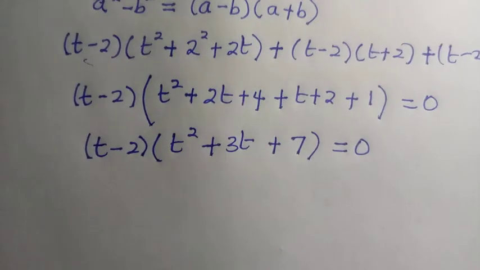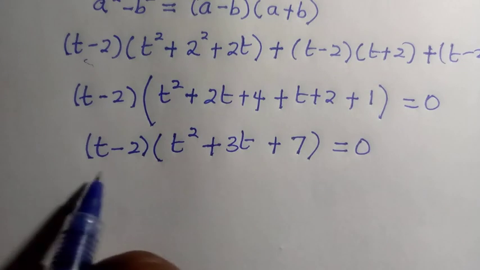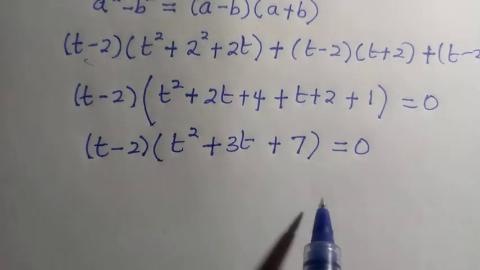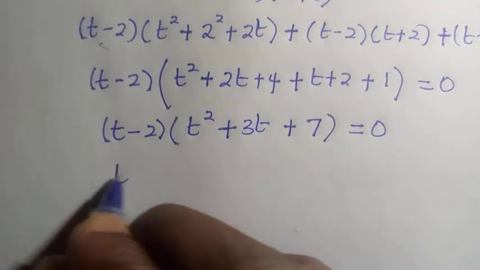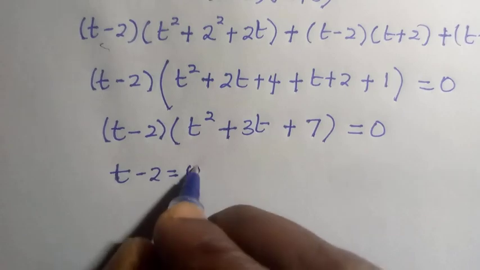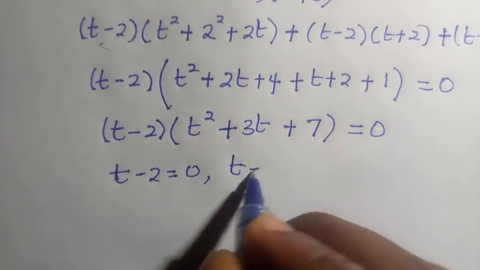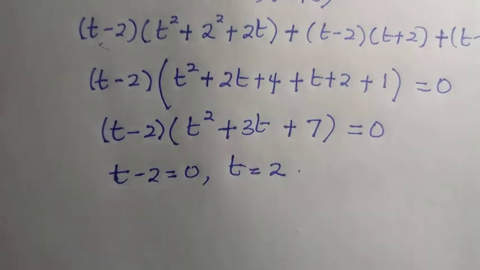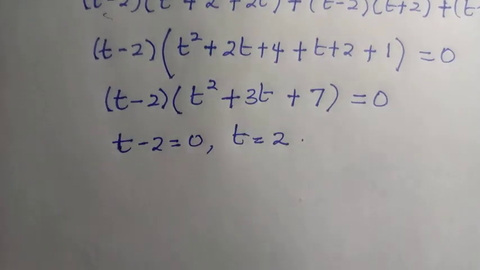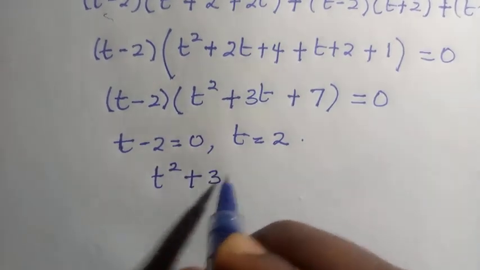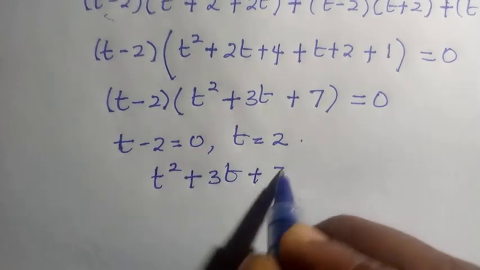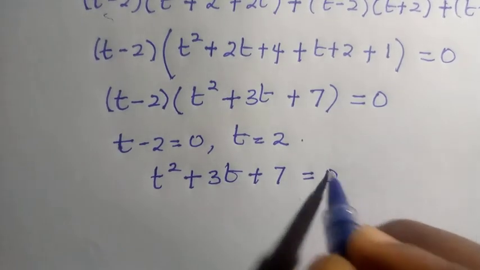We are going to let t minus 2 equals 0 or the whole of this other factor equals 0. So t minus 2 equals 0 gives t equals 2, while for the other part we have t squared plus 3t plus 7 equals 0.